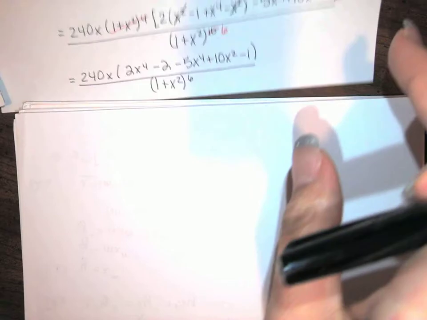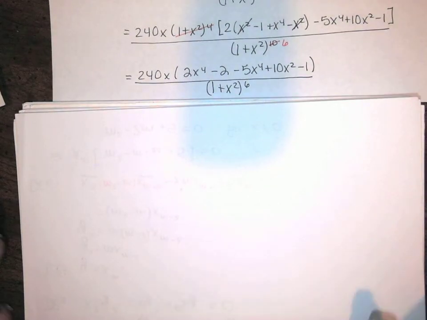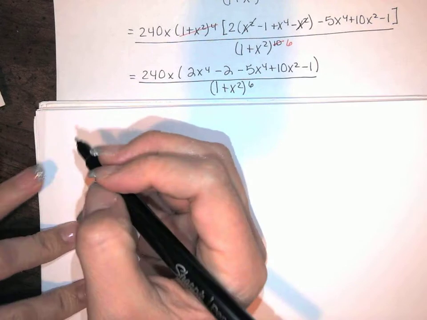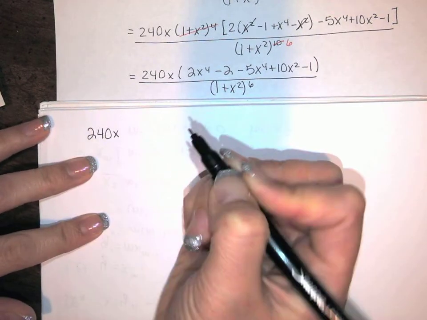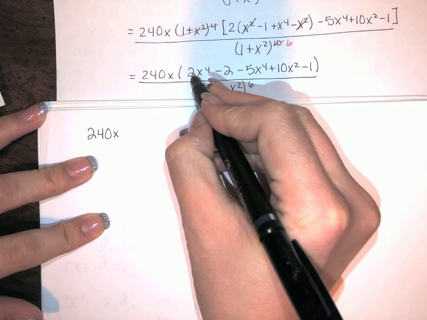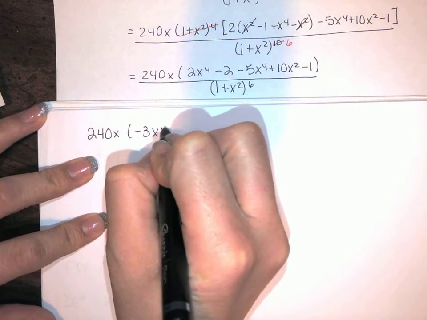My goodness. I picked out this problem, but I had no idea it was going to be so complicated. That's okay. We can do it. It's not actually that difficult, it's just tedious. So I've got 2x to the 4th minus 5x to the 4th is -3x to the 4th.